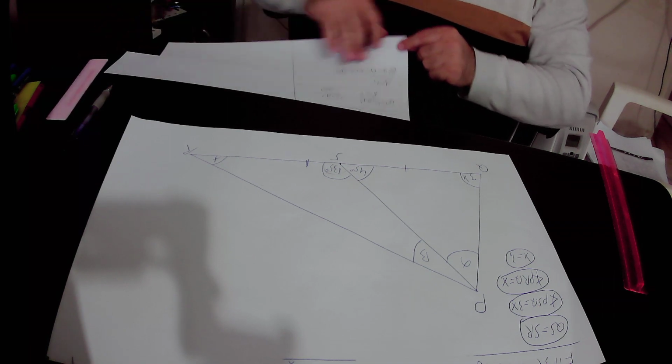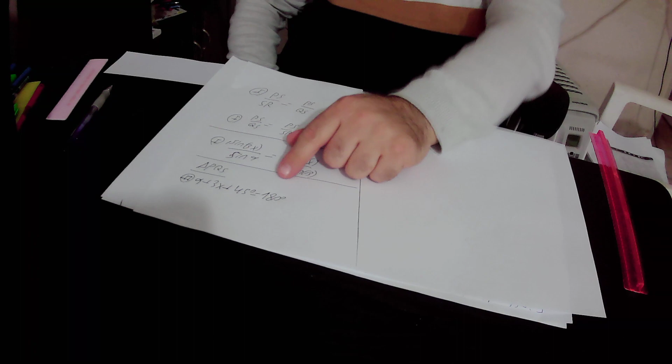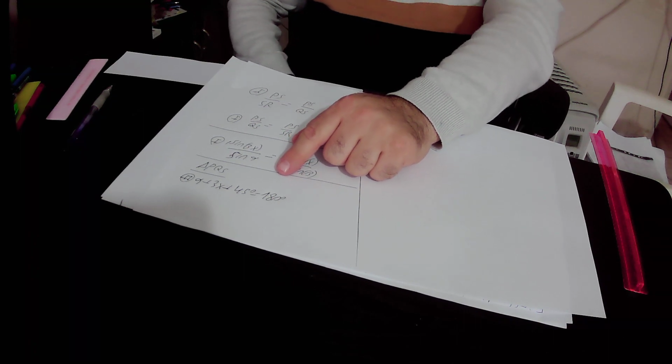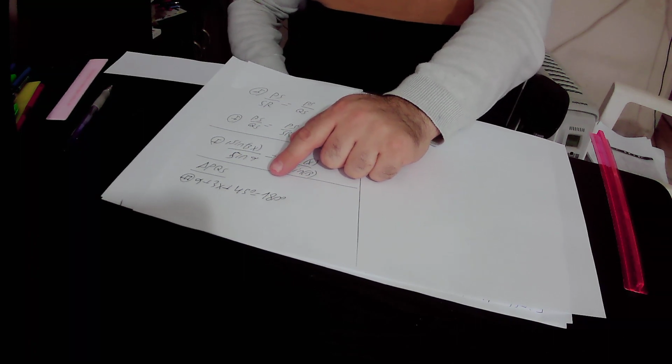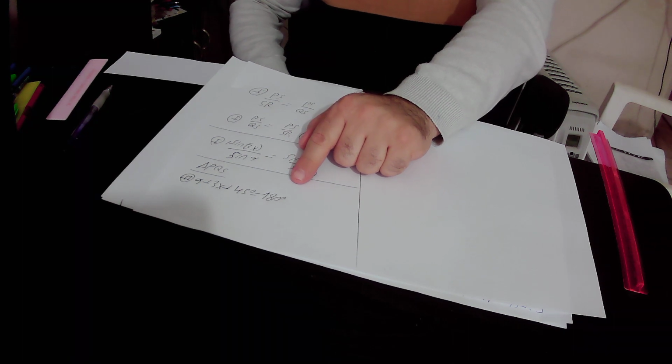I repeat again, in triangle PQS, the sum of the angles must be equal to 180 degrees. That is to say, alpha plus 3x plus 45 degrees must be equal to 180 degrees.